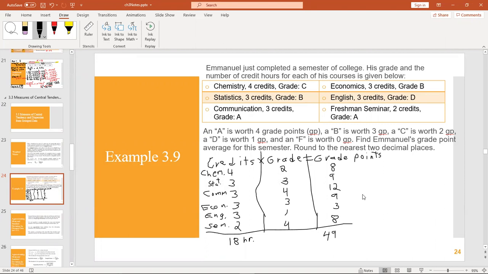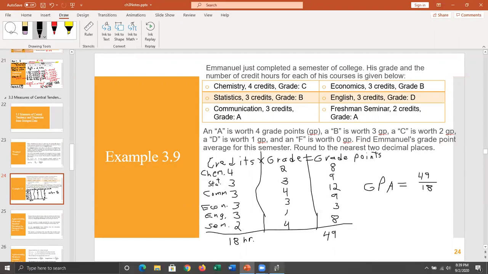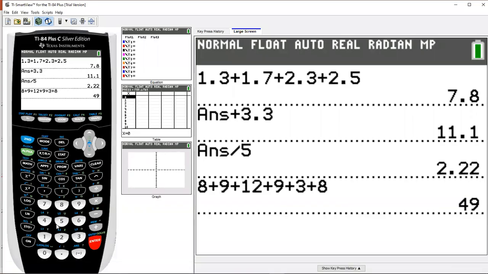So then to find the GPA, you're going to take the grade points and divide it by the credits. You're going to do 49 divided by 18. And let's find out what that is.